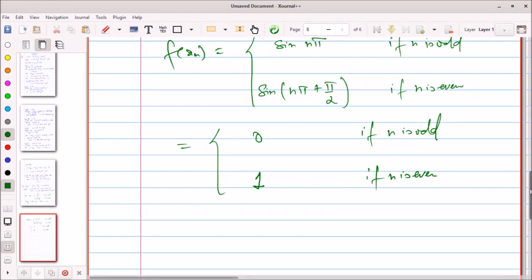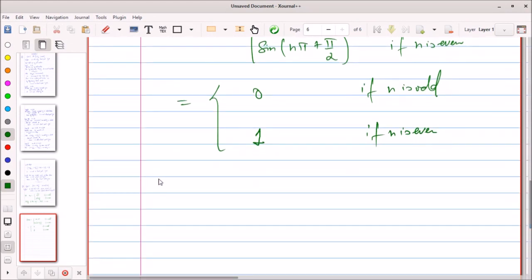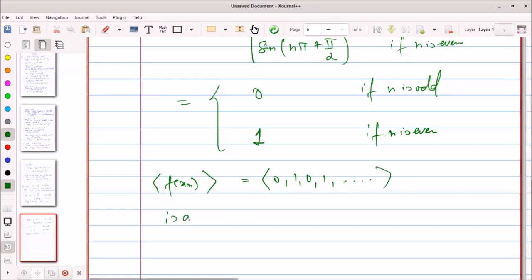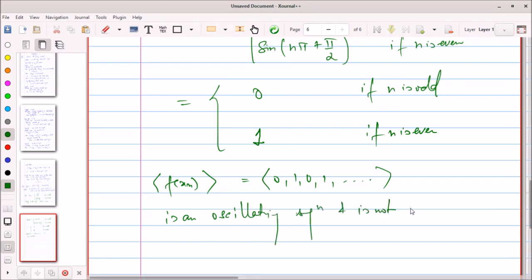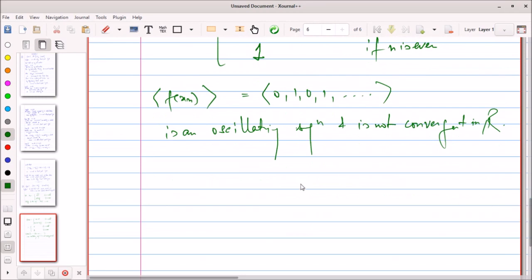So f of x_n is an oscillating sequence. It is 0, 1, 0, 1 and so on, an oscillating sequence, and is not convergent in R. So we have shown the existence of a sequence x_n.